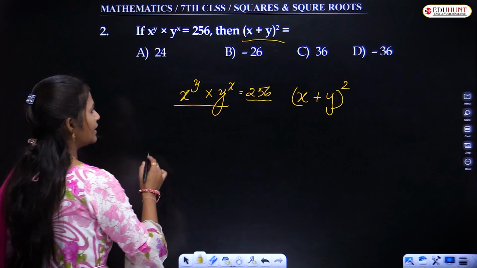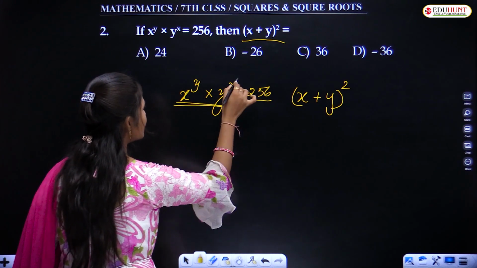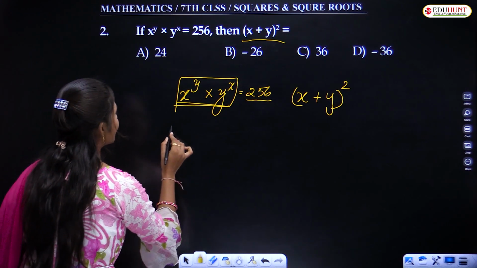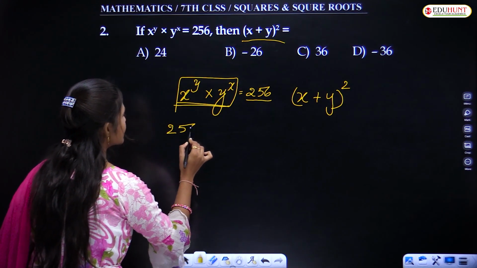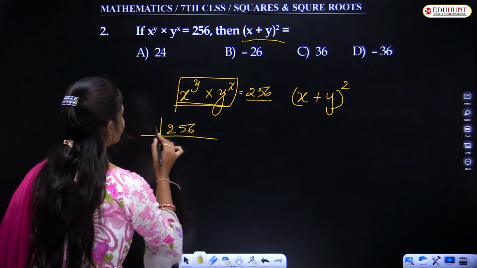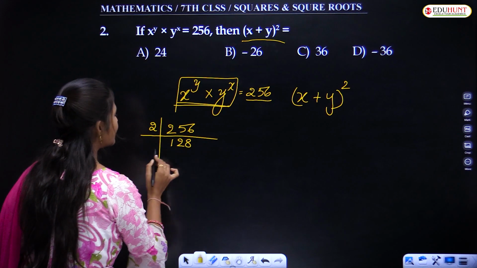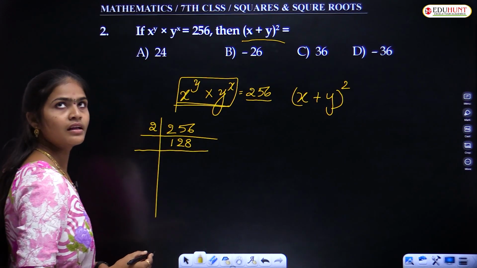First write the prime factorization. When you observe this form, it is just like the prime factorization only. So write the prime factorization of 256. 256 divided by 2: 2 into 128 is 256.